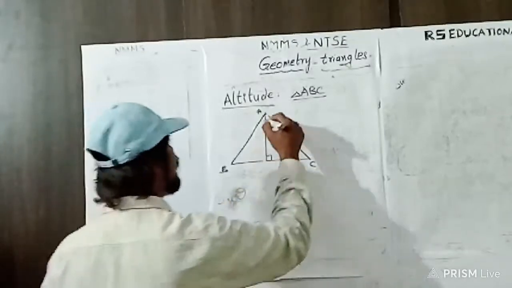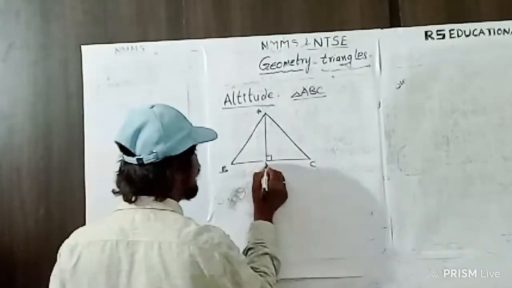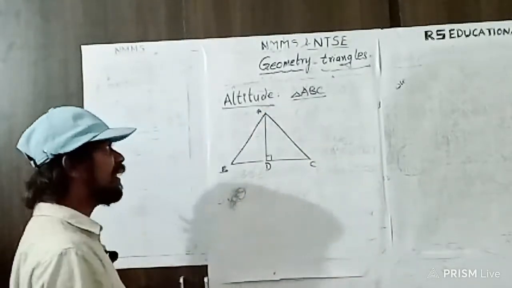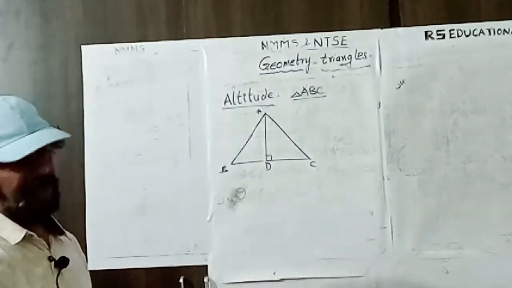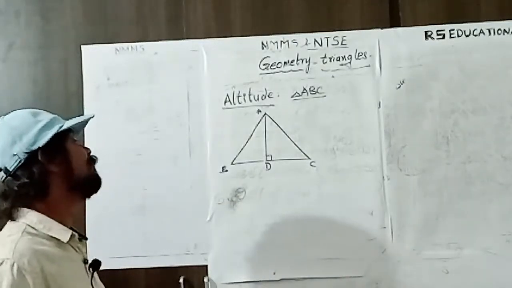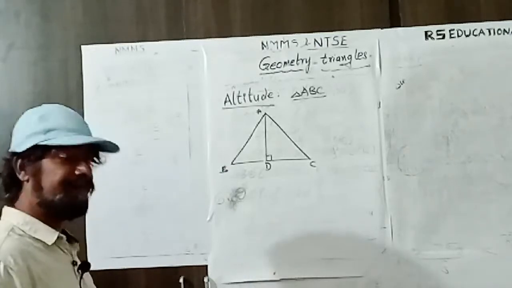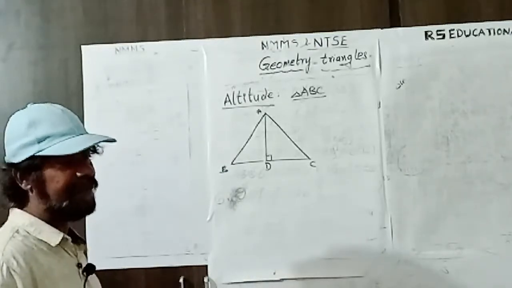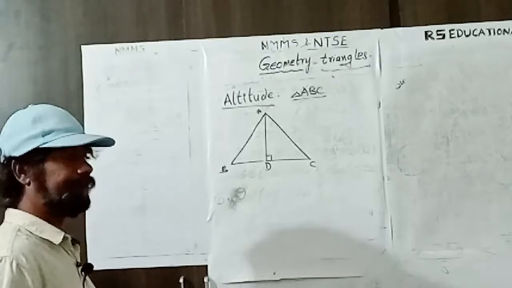So this is AD. Now this AD is called the altitude on the side BC from the vertex A.